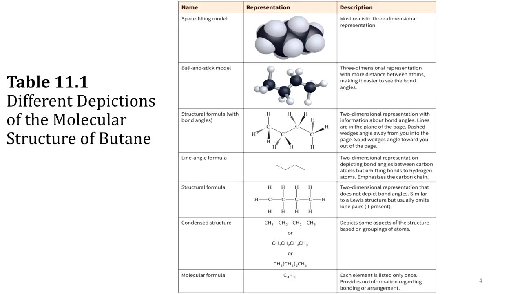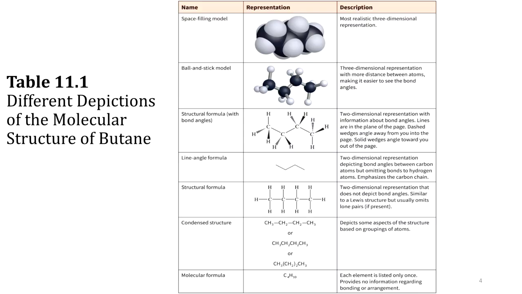Now we can represent alkanes, these saturated hydrocarbons, in a variety of different ways. This table here is something you should spend some time looking at just to get comfortable with these different representations. If you go further in chemistry, if you study biological chemistry or medicinal chemistry or molecular biology, you will tend to use some of these upper forms on this table.